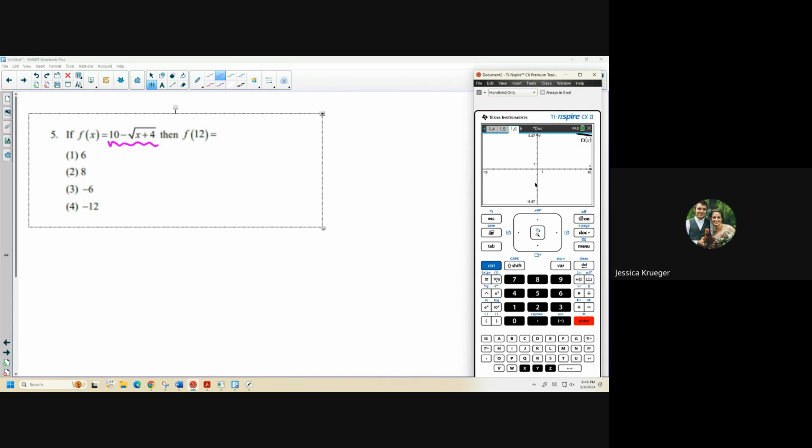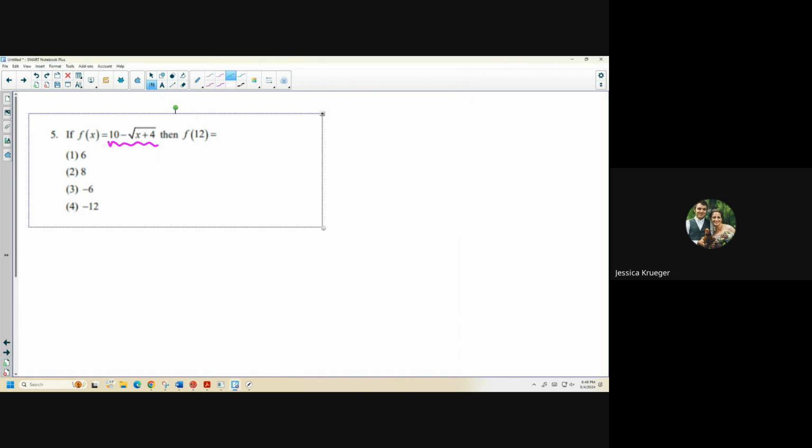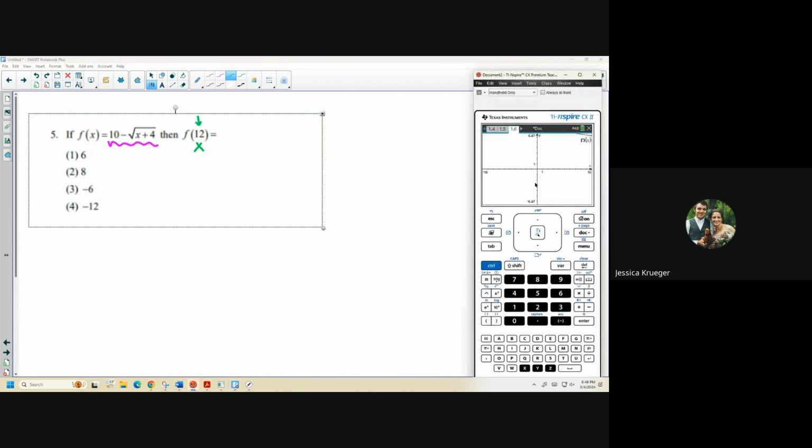Enter. Now, I can't see the graph, but let me go back to the problem. It wants to know what f of 12 is. Remember, this is your x value. So when x is 12, I could do Control T and go to my table, and I could go down to 12, and I get 6. There it is.